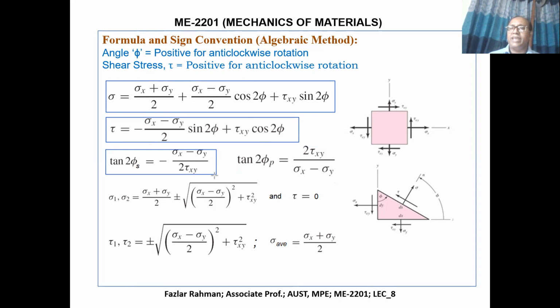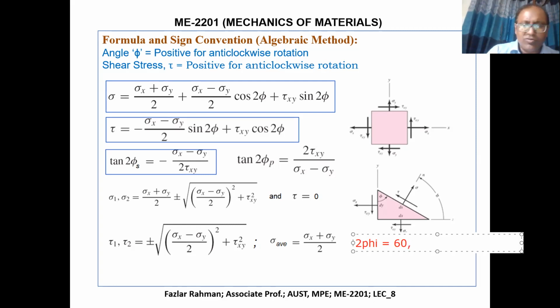Then 2 phi s equals 60. The other one will be 180 plus 60. You can say 2 phi s1 equals 180 plus 60. That means 240. These two angles you put in the first equation.